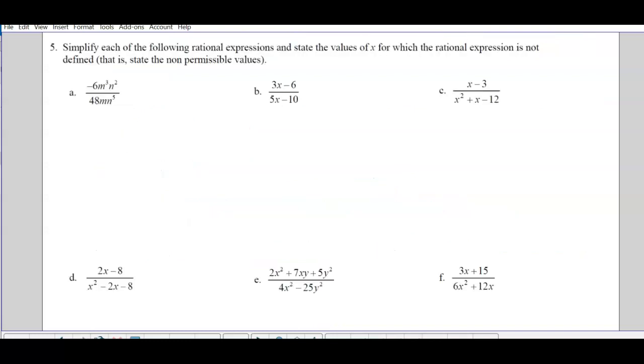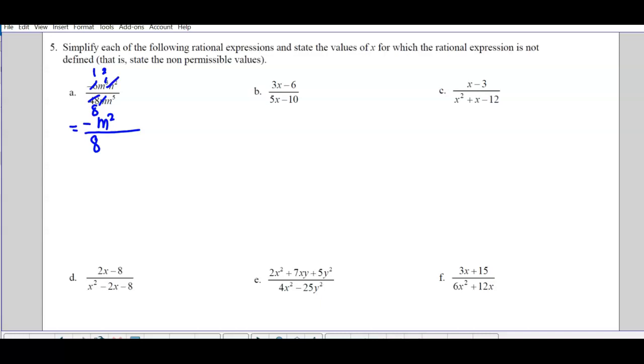Okay. So simplify each of the following and state the values for x not defined. So here, this is just 2 monomials. So we're going to divide: 6 goes into itself once, into 48 8 times. So that's going to be a negative 8 down here. m goes into m cubed, m squared times.